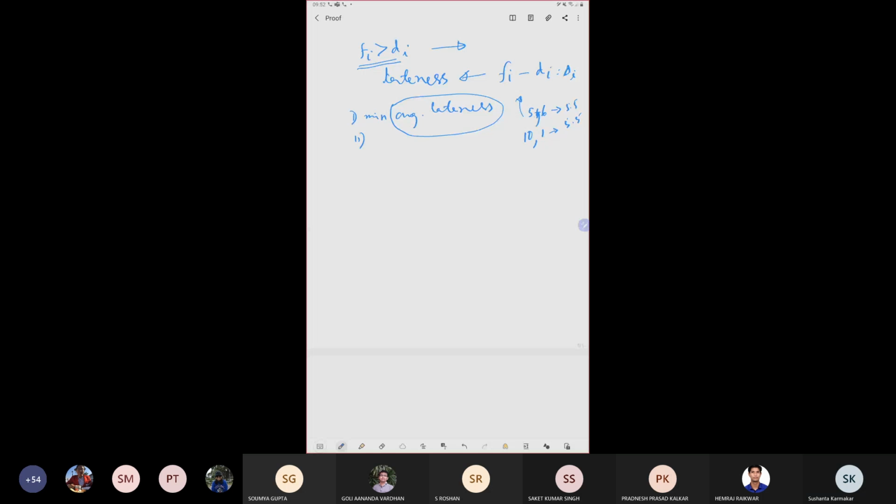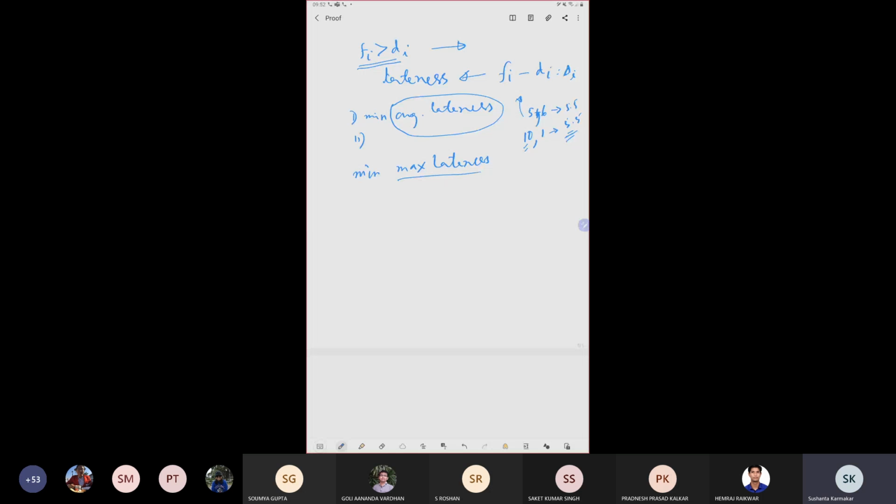So a better thing will be to minimize the max lateness. Max lateness means suppose I have all the delta values, say delta 1, delta 2, and so on.